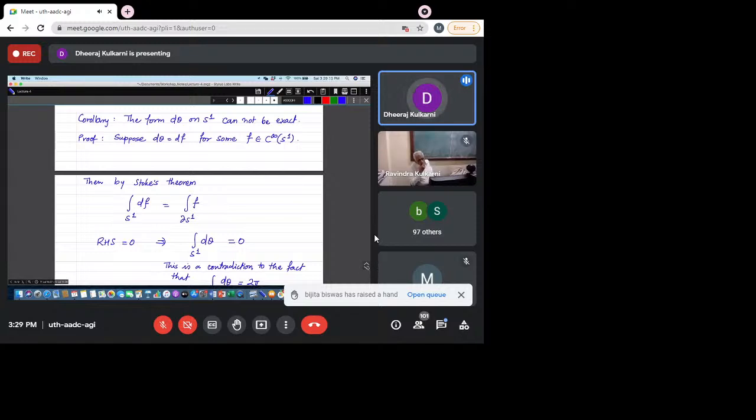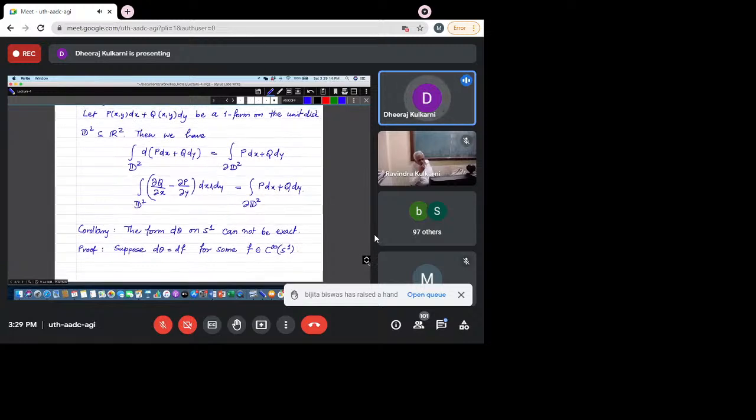So I have explained the interesting directions in which Stokes theorem can be applied, and you can recover all the theorems. Let me quickly hint at the idea of the proof.